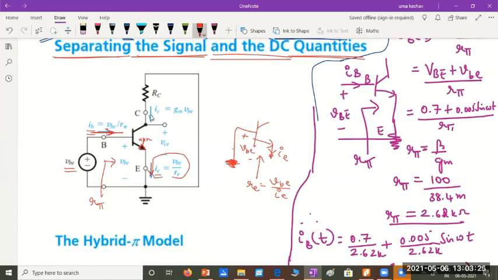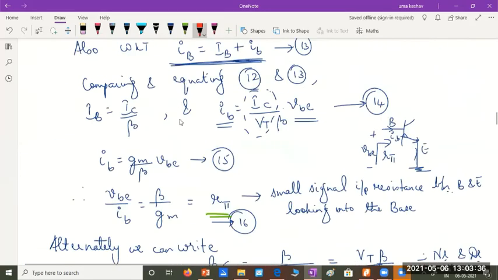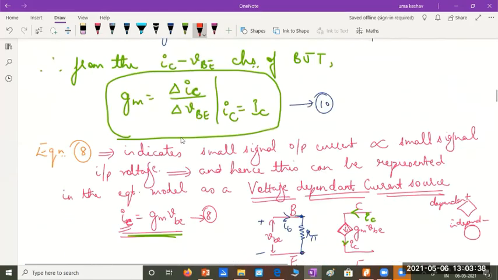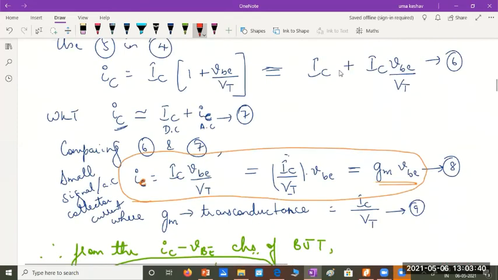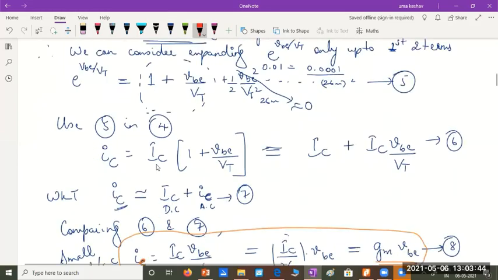And as usual in the collector, we have the collector current IC equal to GM times VBE. We had proved this in the first thing which we did. We showed here small IC is GM into VBE.